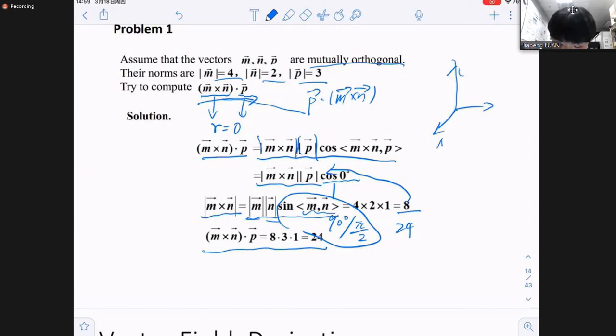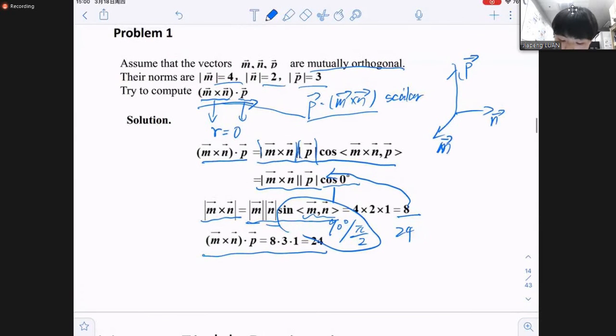This is M, this is N, and this is P. And actually, a triple product is a scalar, and this is a scalar that can give you the volume of this.